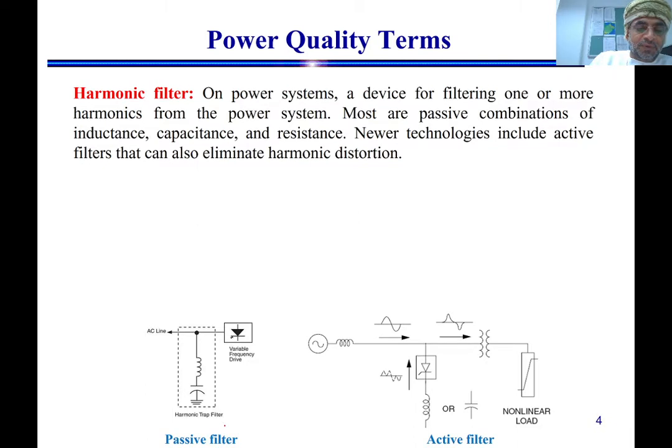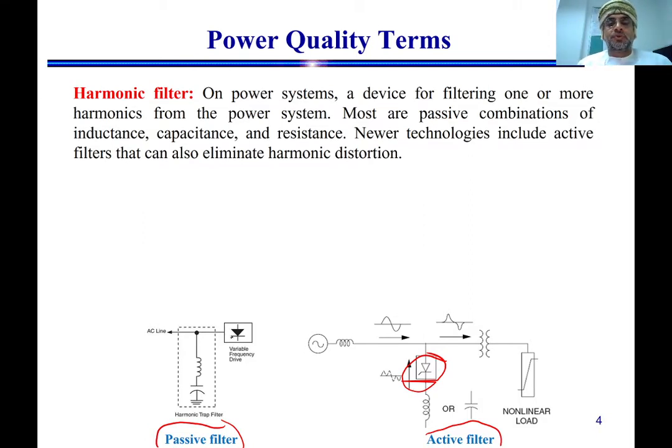So we can have what we call a passive filter, which mainly consists of LCR, or an active filter, which mainly consists of power electronic devices. Okay, so inshallah we're going to talk about both later on. We're also going to be able to design a passive filter for a number of harmonics.